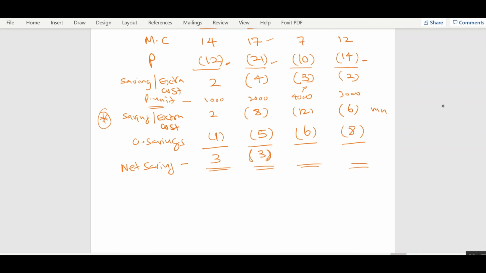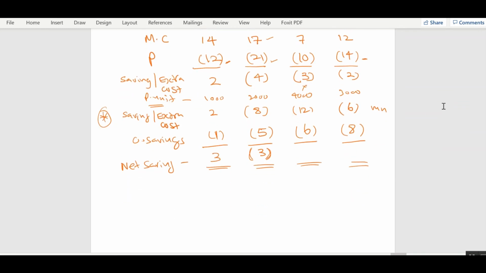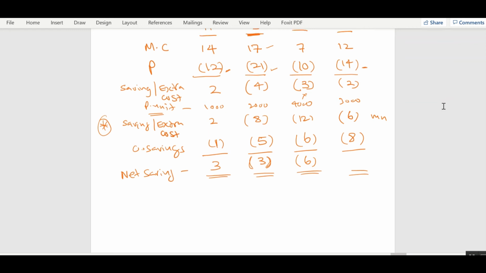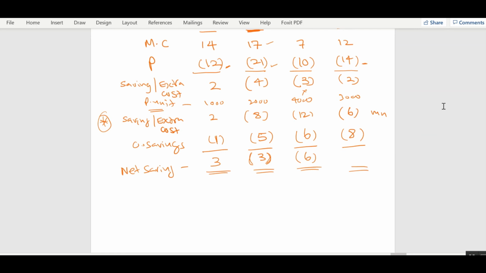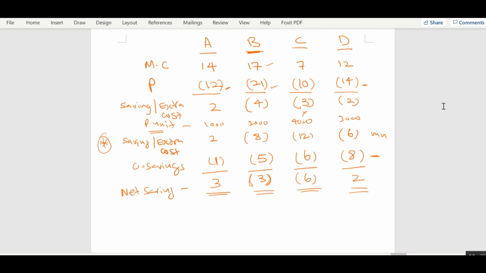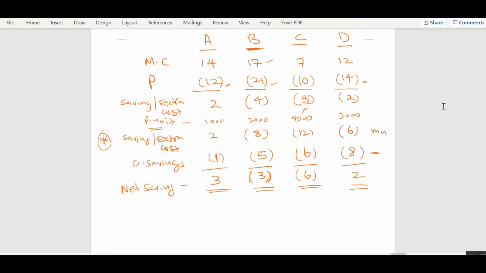With regard to product C, 12 minus 6, there will be an extra cash outflow of 6 million. However, for product D, once you consider this opportunity saving, there will be a net saving of 2 million. So this will be the final answer.